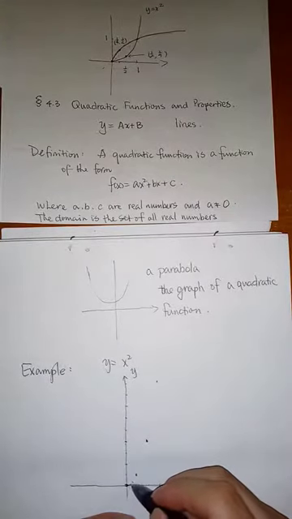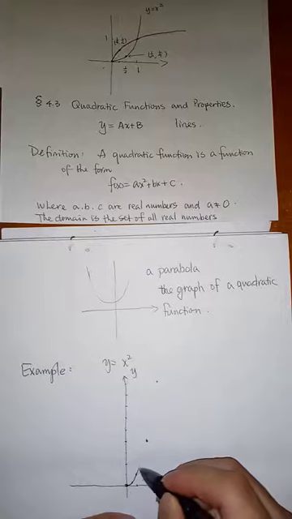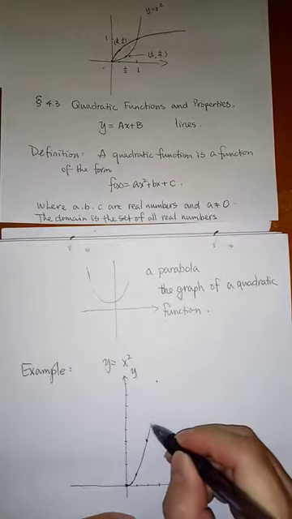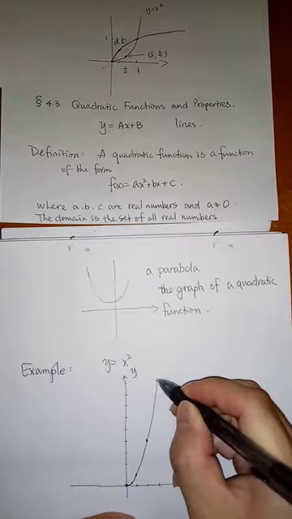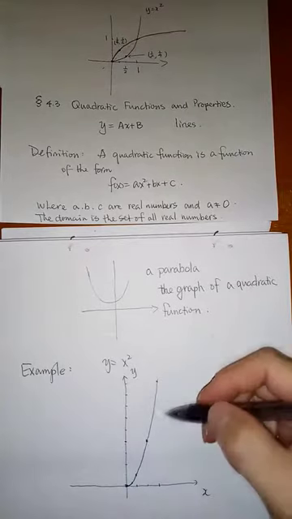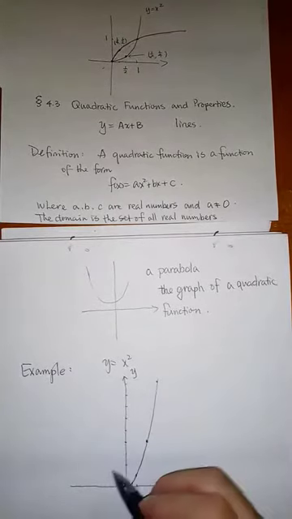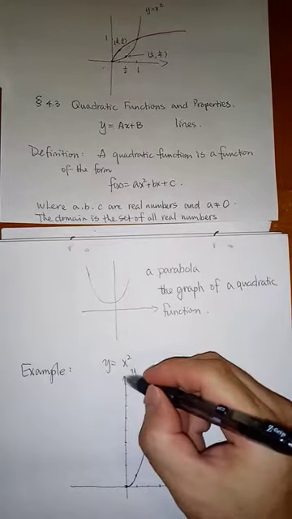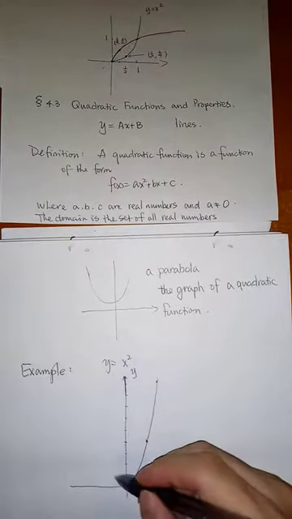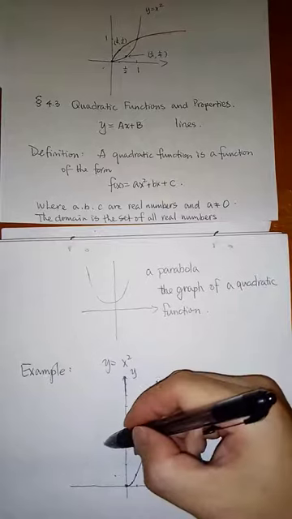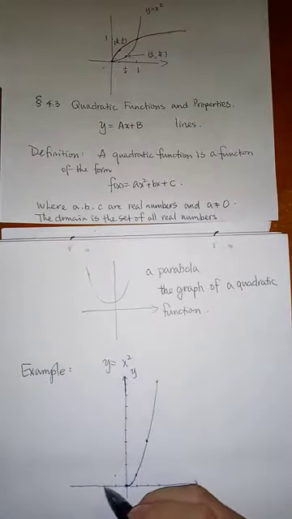So it increases very fast. And it's an even function. Even function means it's symmetric about the y-axis. So you get a symmetric point, actually.